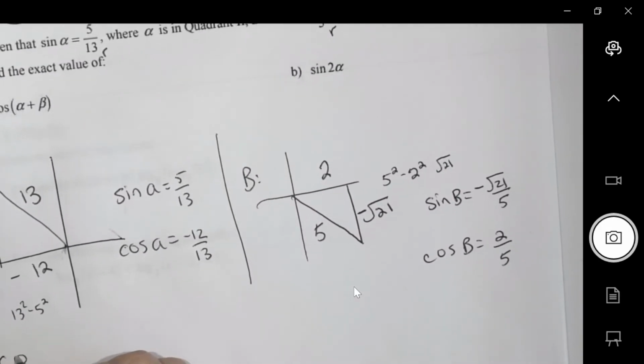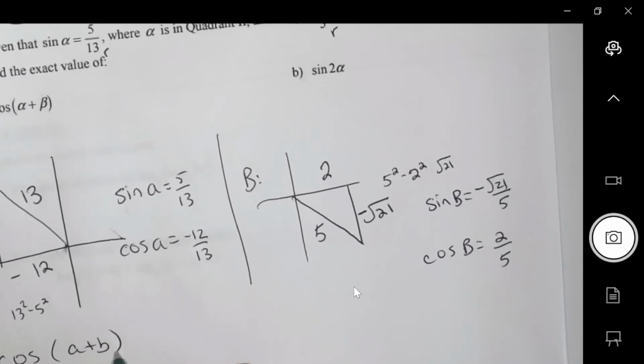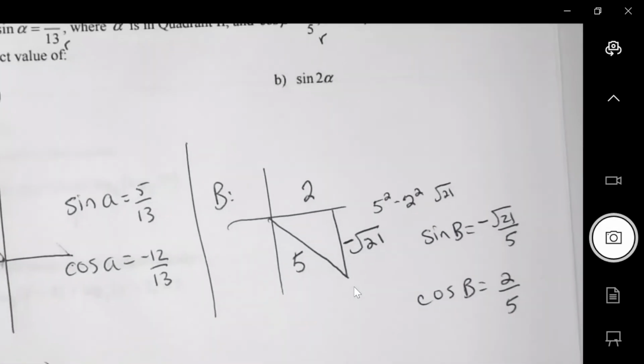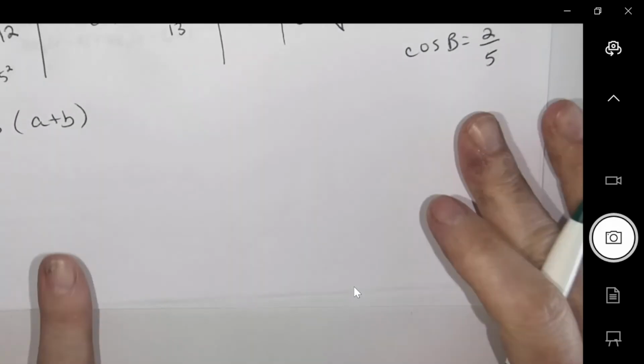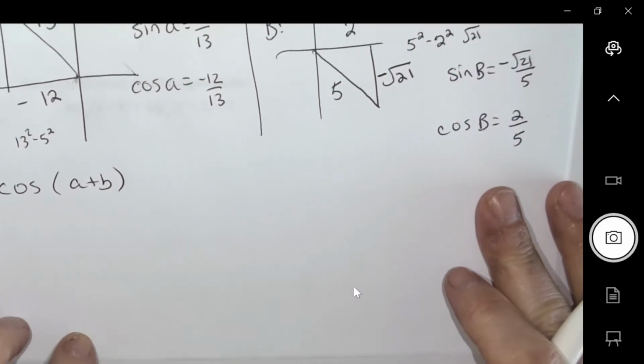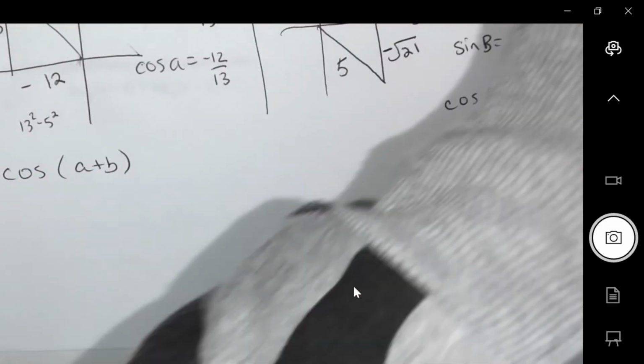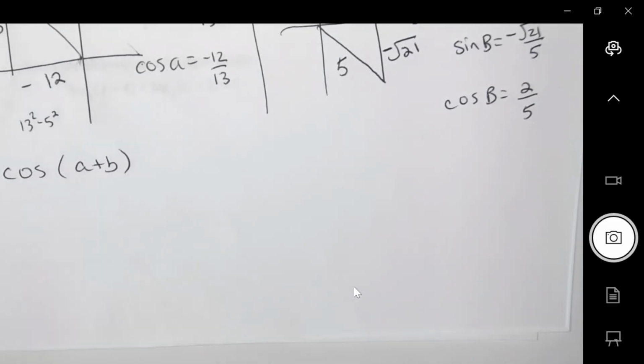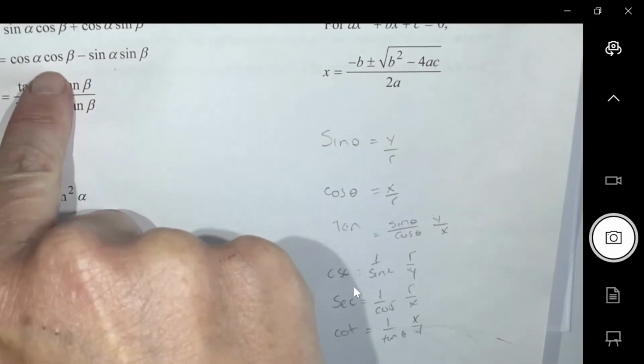Okay, here's what I'm asked to find. Cos A plus B. So I need a formula, so now this is formula sheet time. Cos A plus B. So cos, cos, sine, sine, that one.